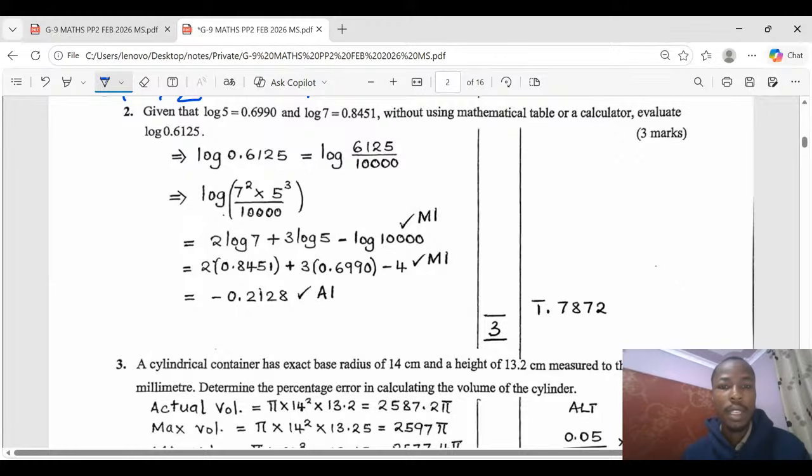The first thing is to ensure that you have changed log 0.6125 in such a way that it becomes very simple to work out. Look at 6125 over 10,000, because we have 4 decimal places.